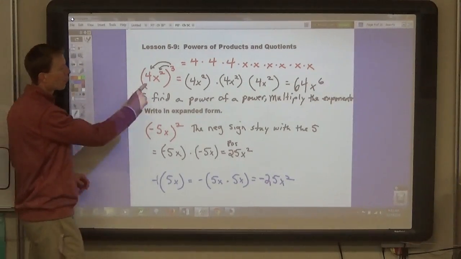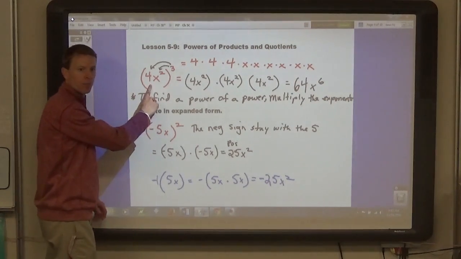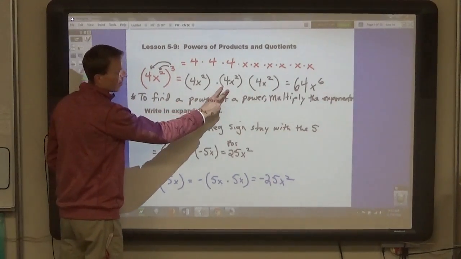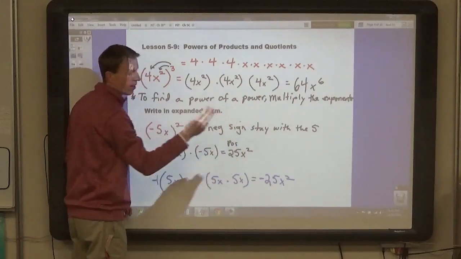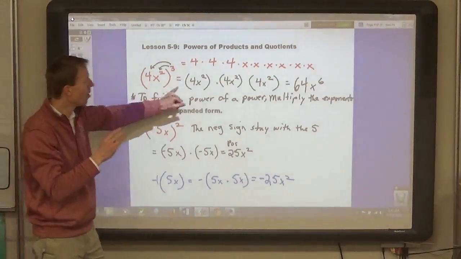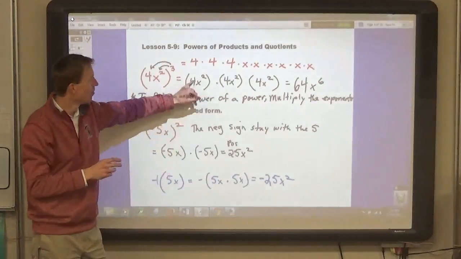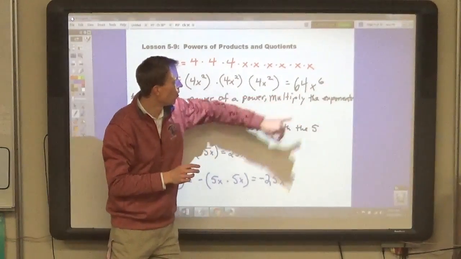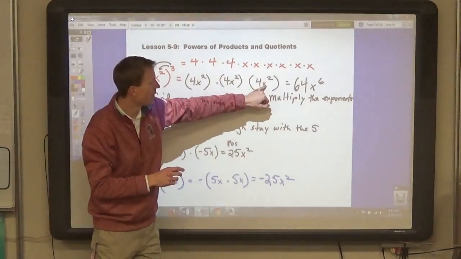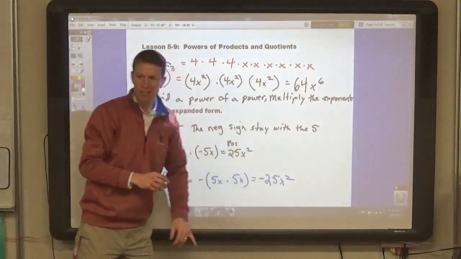So if we were to write this out in expanded form, it would look like 4x squared times 4x squared times 4x squared. 3 4x squares. And then when you multiply them all out, 4 times 4 times 4 is 64. And x squared times x squared times x squared is x to the 6th power.